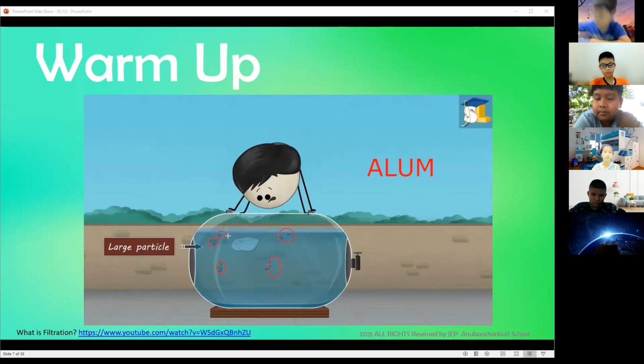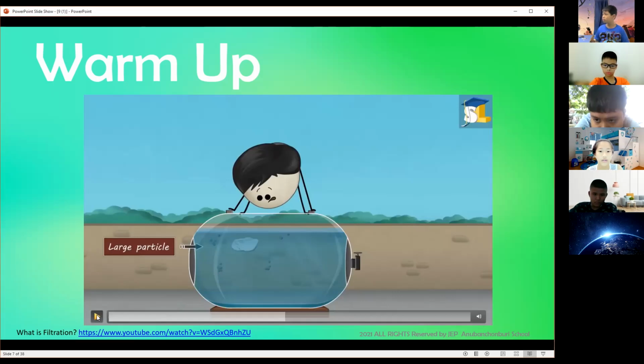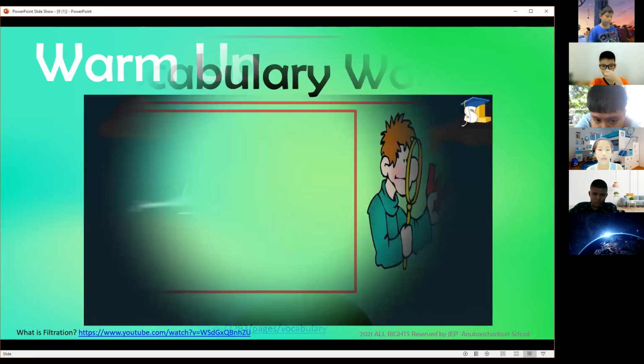But when we put the alum inside, these dirts will become large particles. They will go together and clump together, and then it will be easier for us to remove them from the water.